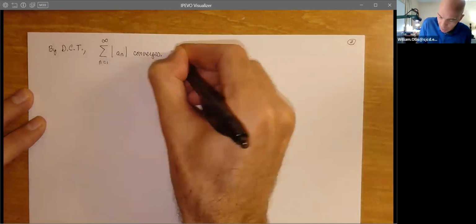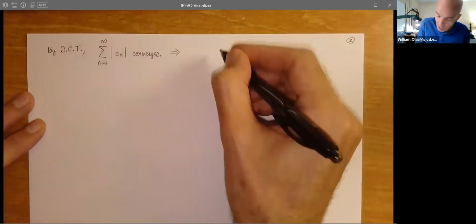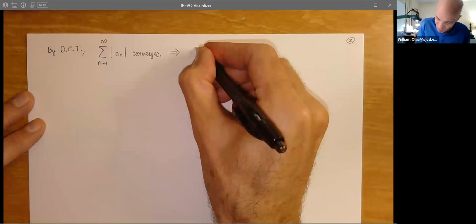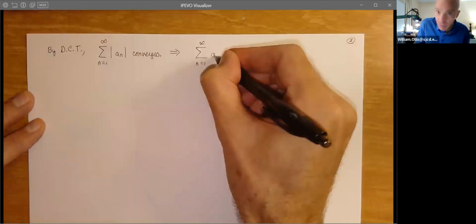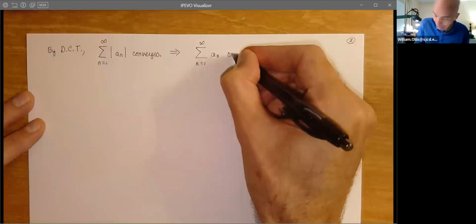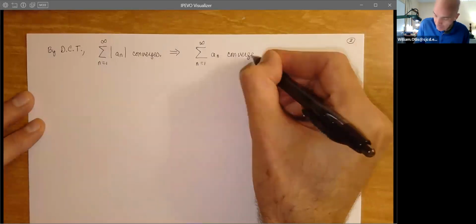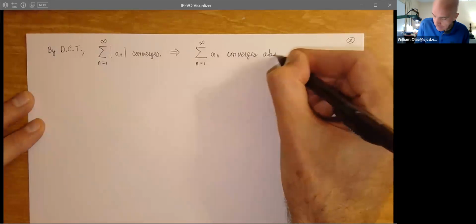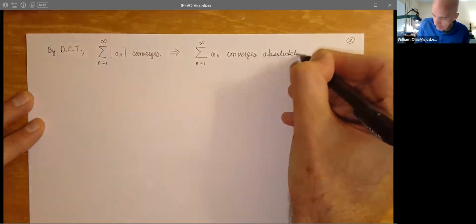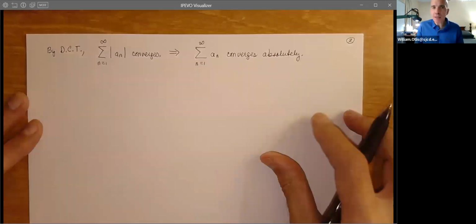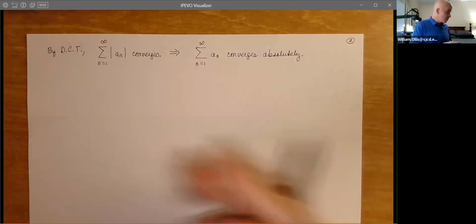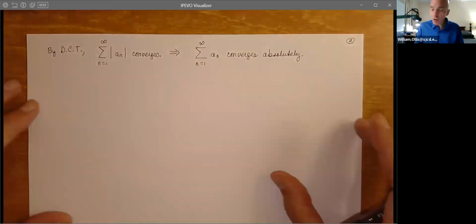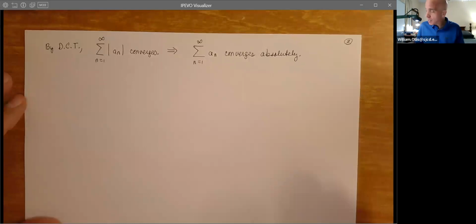And of course, this implies that the given series converges absolutely. So that's why the ratio test works. And that's just, when you think about it, ladies and gentlemen, basic arithmetic. There is nothing going on here except basic arithmetic.